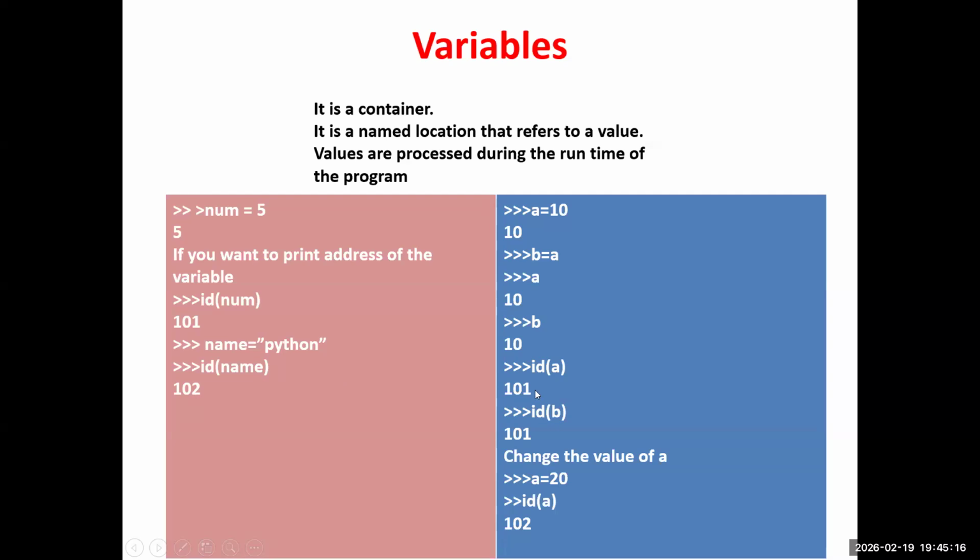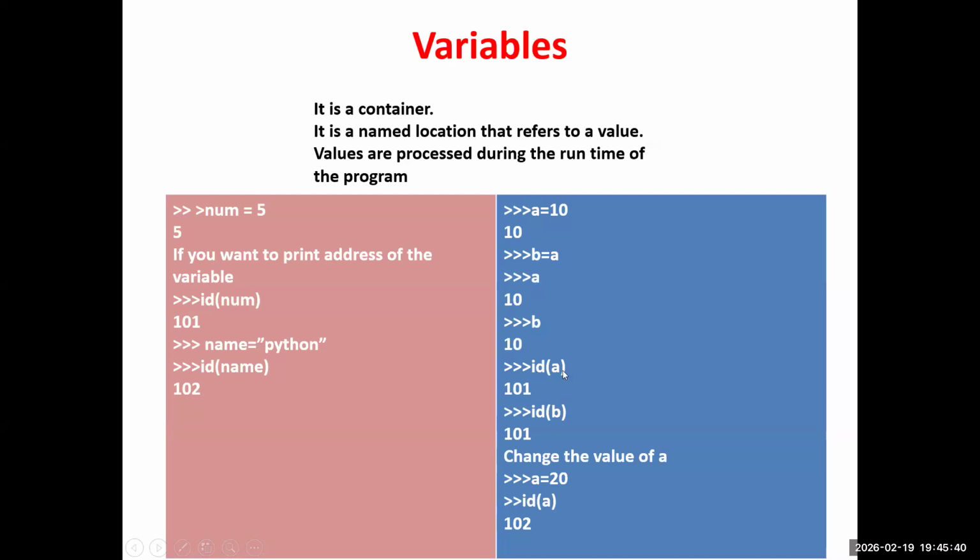Okay, and a few more examples I have given here. A equal to 10. Okay, B equal to A. Both B and A have the same value. If you want to print A and B, you can simply type A, then type B, and the value will be displayed on the screen.